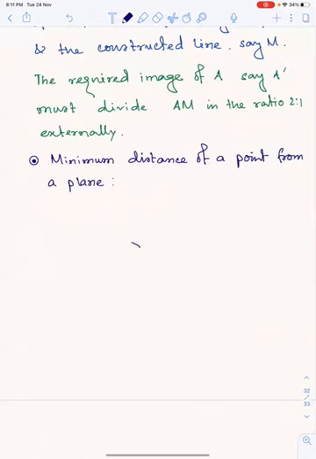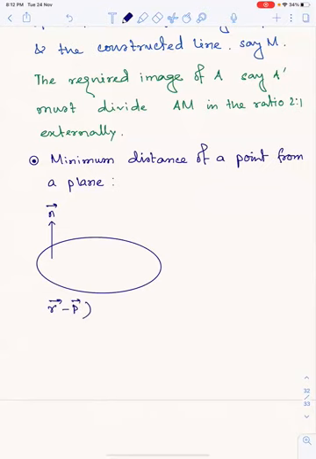Or in general, if I consider this is the plane and this is the outward normal direction vector, say N vector, and the plane is given as r minus p dot n is 0.